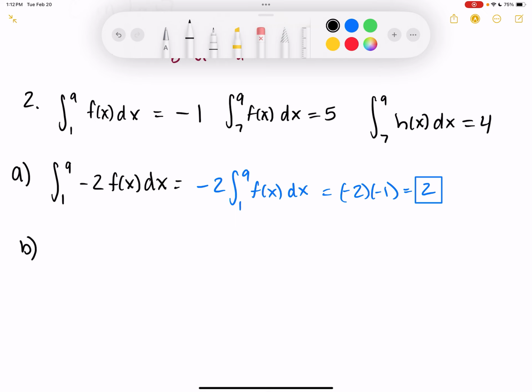All right, B, the integral from 7 to 9 in brackets of f of x plus h of x dx. So any ideas what I'm going to need to do to solve this one?